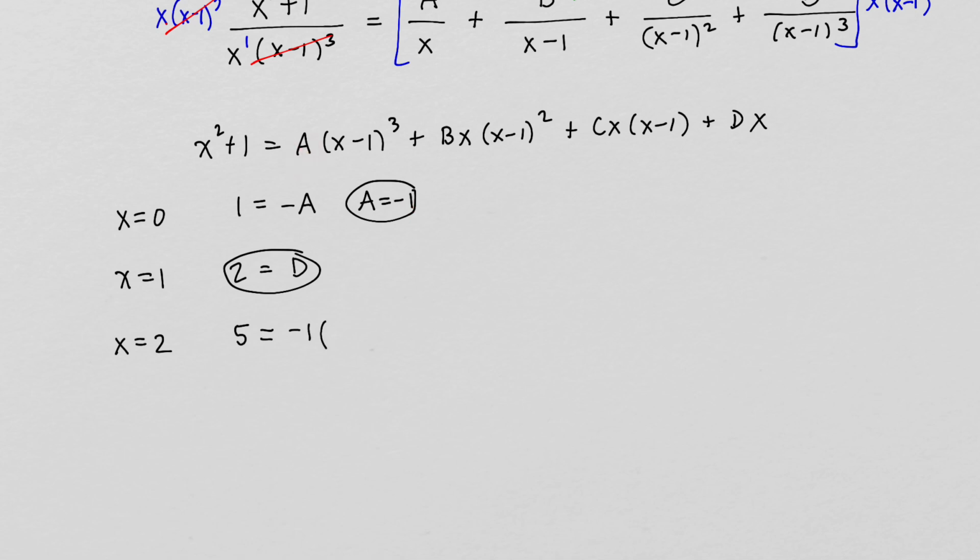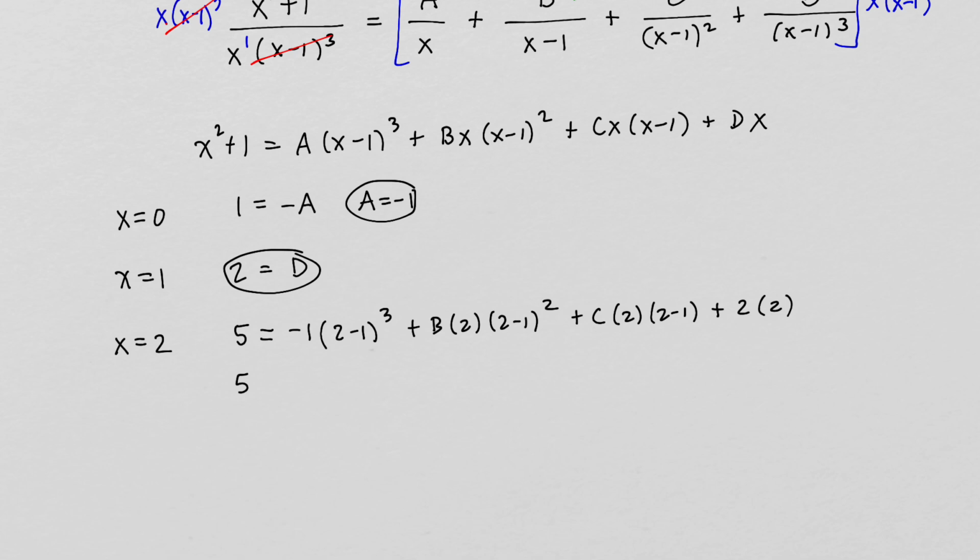And when I plug in 2 here, I'll go ahead and write it down. We get 2 minus 1 to the third power. Then we have b times 2 minus 1 to the second power. And I put b because we don't know what b is. Then plus c times 2 minus 1. And then finally, d we know is 2, and then x is also 2.